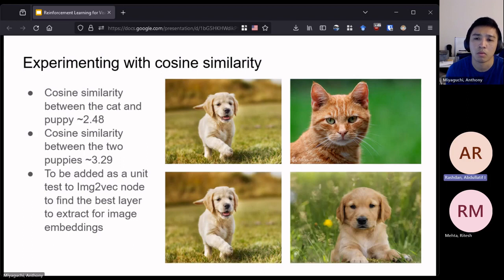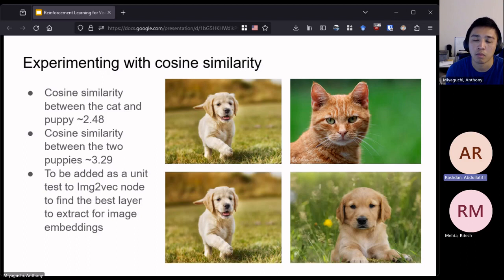Furthermore, to test which layer would be better for extracting image embeddings from the neural network, I experimented with cosine similarity. I took 2 images, a pup and a cat, and running that between the cat and the pup resulted in approximately 2.48.